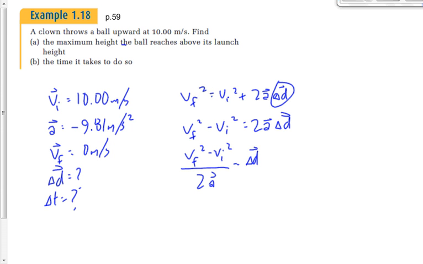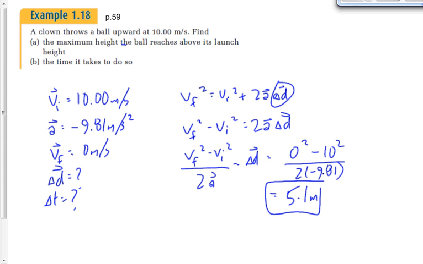And sub in your numbers and solve. 0 squared minus 10 squared over 2 times negative 9.81. We got negative 100 divided by negative 19.62. It's going to be about 5.1-ish. Somebody solve for that, make sure. We're going to say it's positive 5.1, actually.